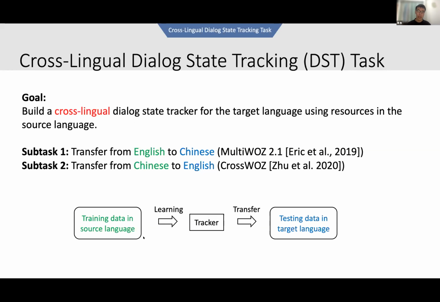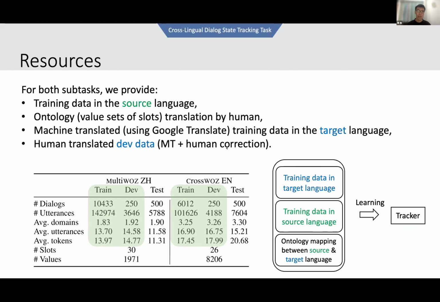Besides the training data in the source languages, we also offer other resources. For both subtasks, we provide the training data in the source languages, the ontology mapping between the source and target languages, and the training data in the target language, which is produced by a machine translator.